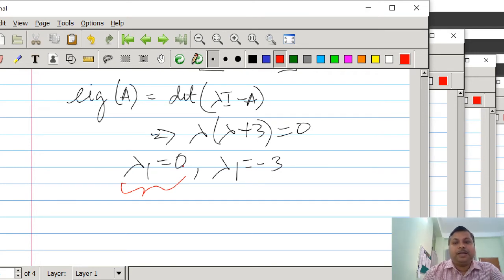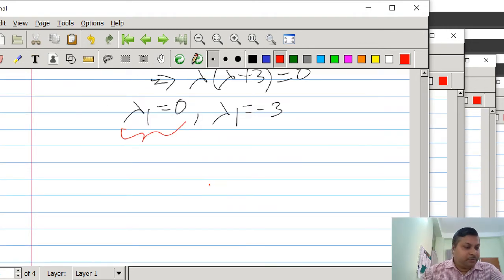So if one of the eigenvalues is 0, then we cannot comment about the stability of the nonlinear system with respect to this equilibrium point. So it is inconclusive for this kind of cases. That's why using the first method we cannot comment about the stability of the nonlinear system about the equilibrium point 0 0.